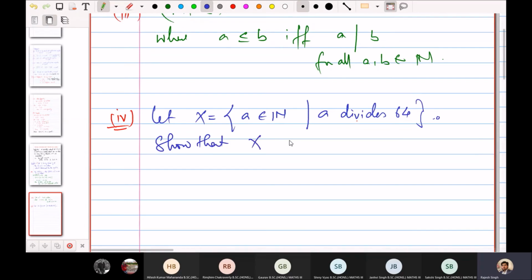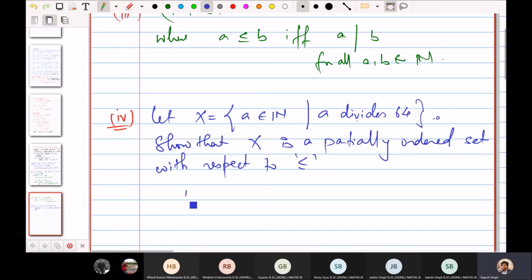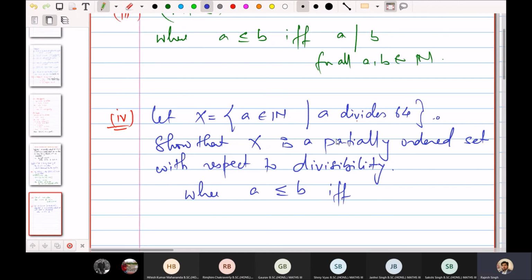Show that X is a partially ordered set with respect to less than equal to where A is related to B with respect to divisibility. ठीक है.